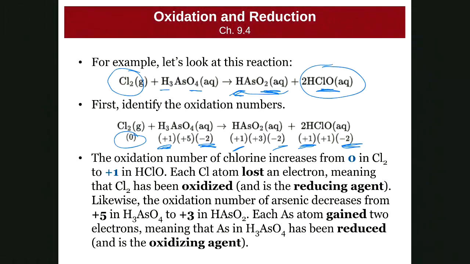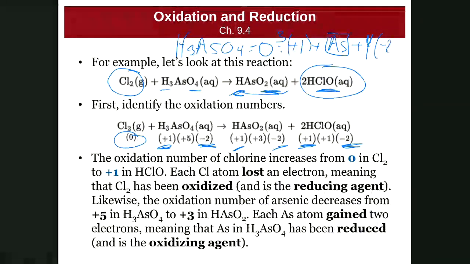So how do we find the remaining ones? It's going to be just what we did before. H3AsO4: the sum of the oxidation states here is going to add up to 0. So that's +1 times 3, because there are 3 hydrogens, plus whatever arsenic's oxidation state is, plus 4 times -2 for oxygen. So that's +3 -8, which is -5.